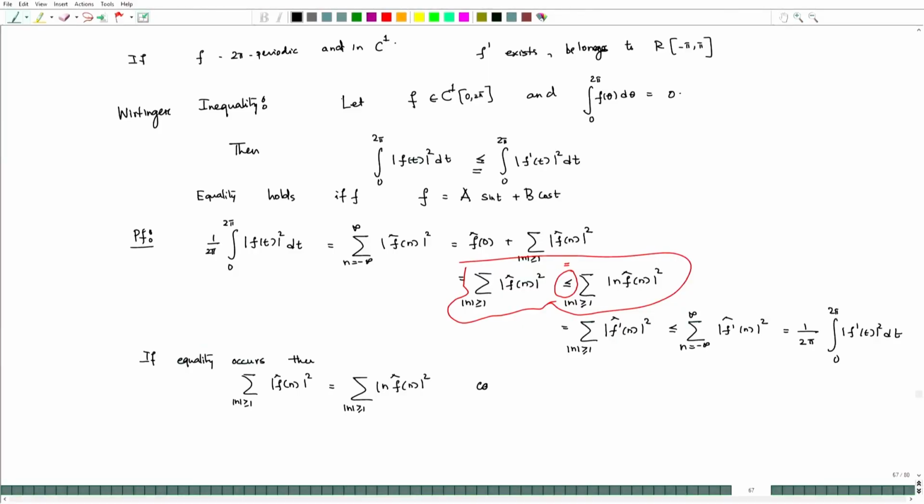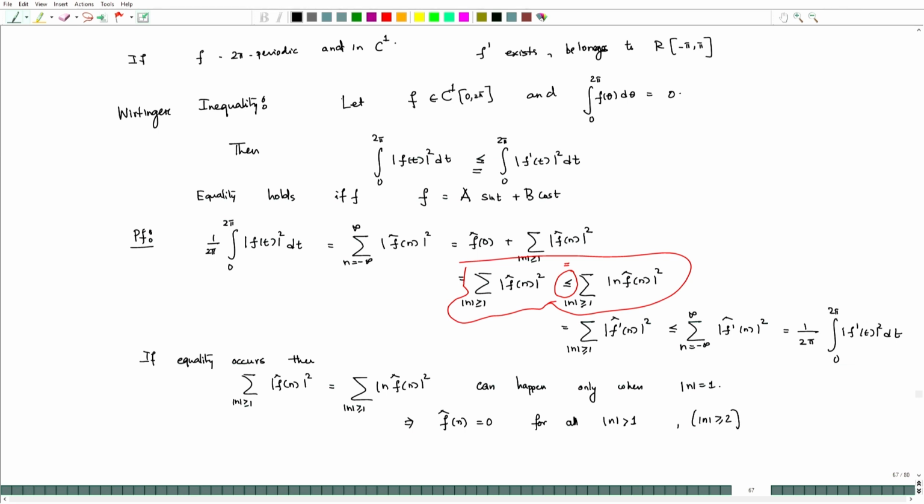Therefore, this can happen only when |n| is equal to 1. This shows that f hat of n is equal to 0 for all |n| greater than 1, or rather you can say this is the same thing as |n| greater or equal to 2.